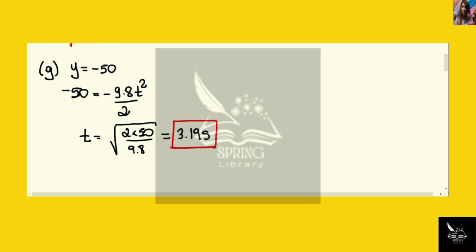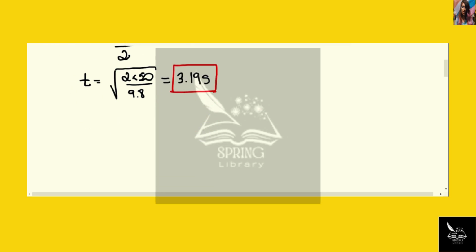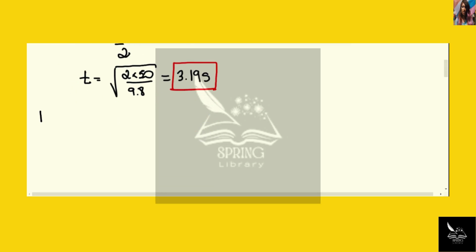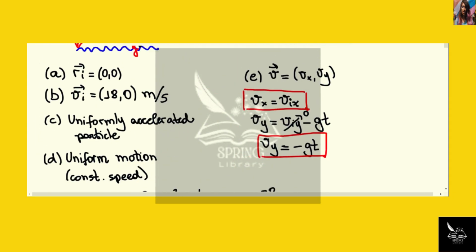In question H, we have to find the speed and the angle with which the stone reaches the water. For the final speed, we can go back to question E and see how the velocity evolves with time.